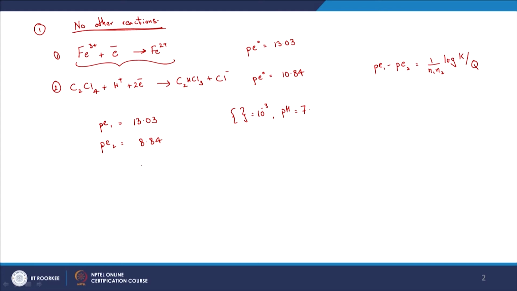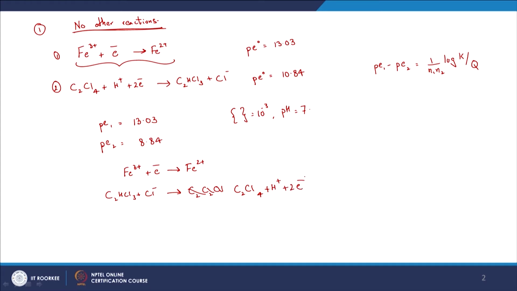The first half reaction is going to proceed as reduction, or Fe3+ is going to be reduced to Fe2+. Because pE2 is less than pE1, we have to swap the second half reaction, so C2HCl3 plus Cl- would proceed as being oxidized to C2Cl4 plus H+ plus 2 electrons.